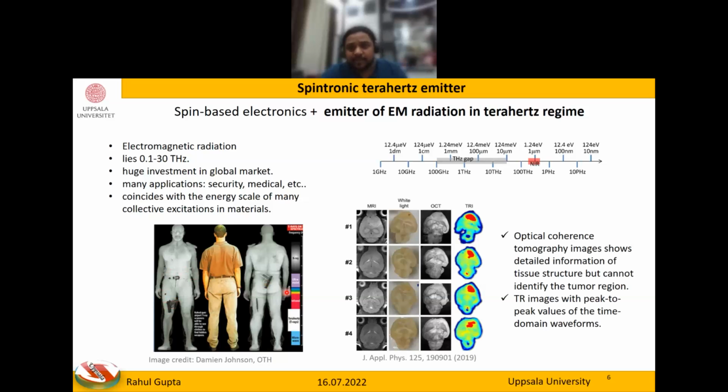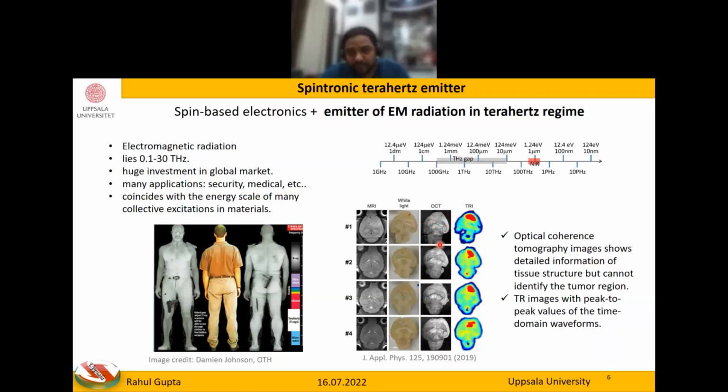Another example: in this image, this is the brain of a mouse in different snapshots. If you do magnetic resonance imaging, you cannot see any tumor inside the brain of the mouse. When we incident white light, you can see some kind of damaged tissue here, but we don't know at which point the tumor is. And there is one more technique called optical coherence tomography, which has the advantage of seeing different types of tissues.